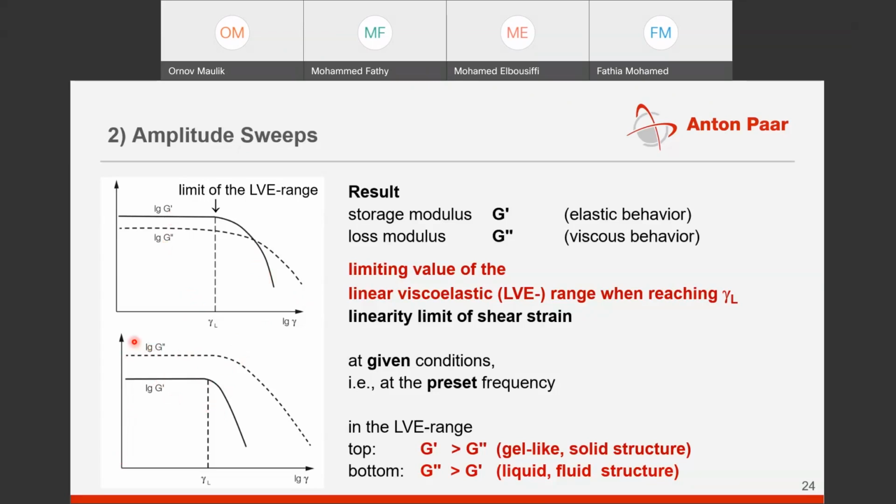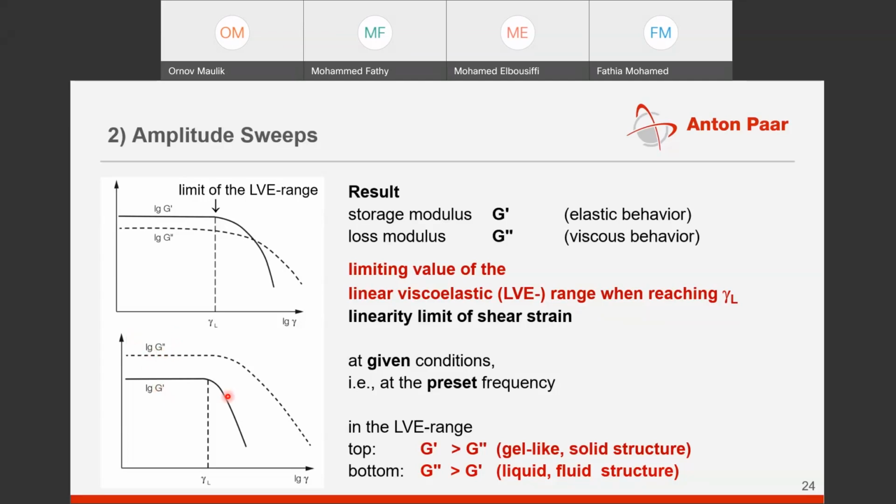So here you can see that the material you are testing is already behaving as a liquid material. Over here G double prime, which corresponds to the viscous part, is always dominant over G prime, which corresponds to the elastic part.